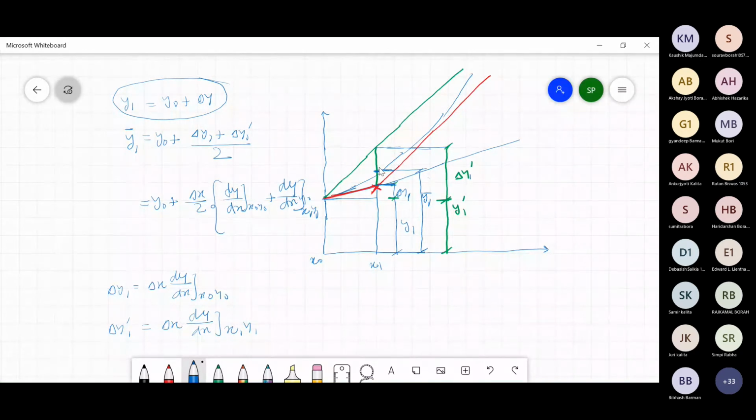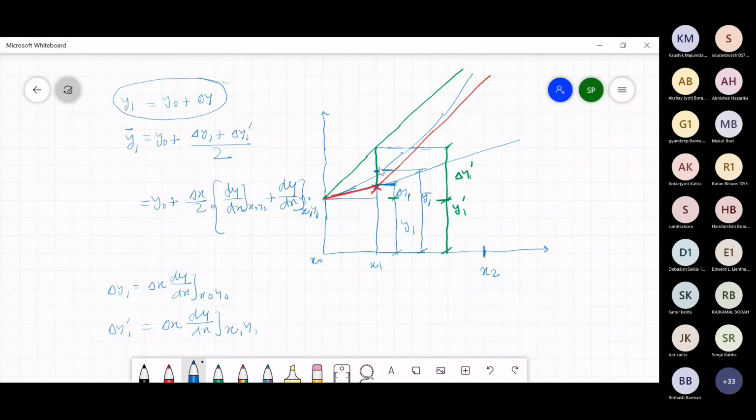But in the next step, this is your x1. You are finding the value at x1. Now suppose you are finding the value at x2. For x2, what you have to do here? Now suppose you are drawing the tangent at this point.